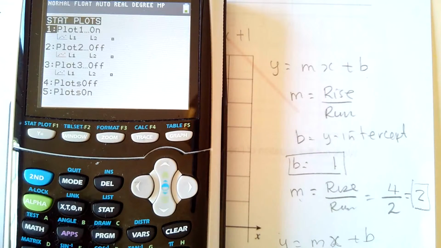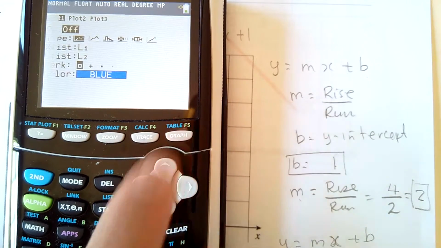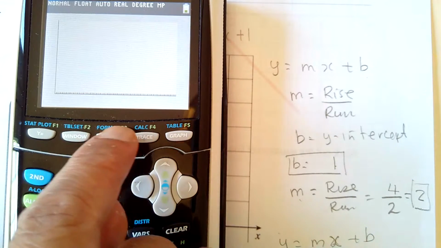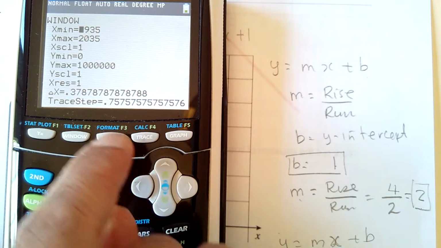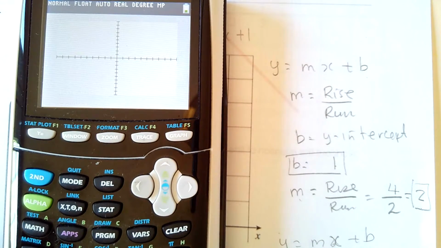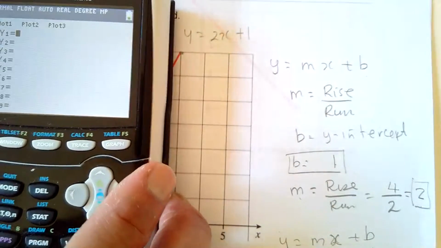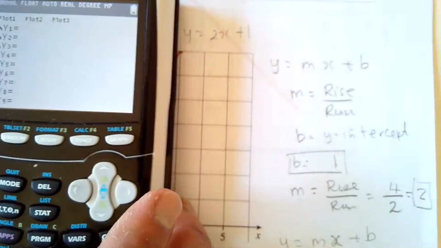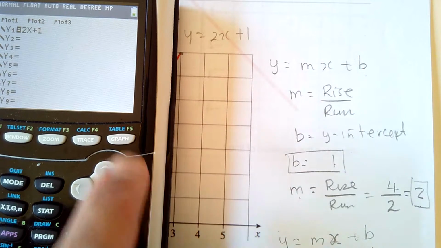I don't want the stat plot, this is from a previous calculation. And I'm going to go to my window and make that standard. Okay, now I'm gonna input the equation in my calculator here. So y is equal to 2x plus 1. And graph.